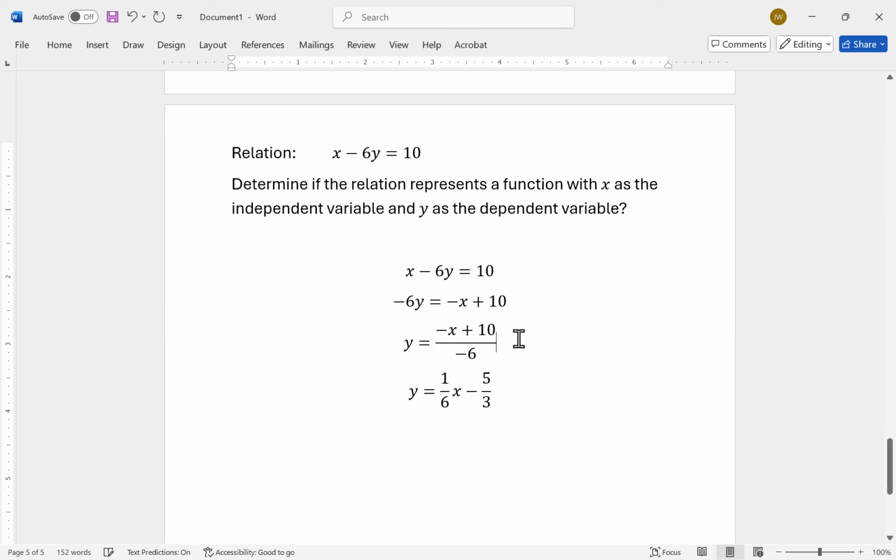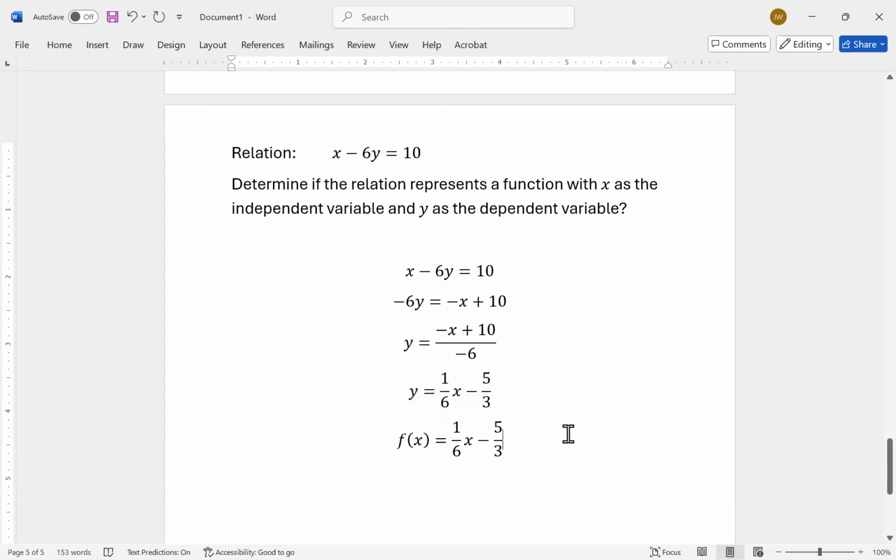So whether you write your expression this way, y equals -x plus 10 all divided by -6, or whether you write your expression as y equals 1/6 x minus 5/3, I have y equals a single expression in terms of x, and therefore that is going to be a function, because I could have also written that as f of x equals 1/6 times x minus 5/3.